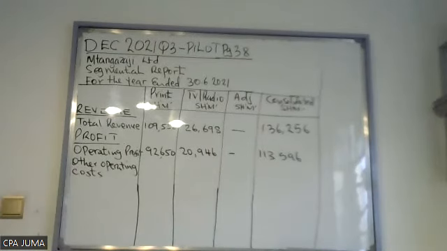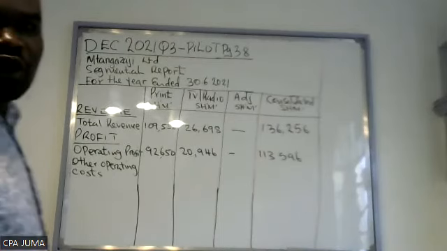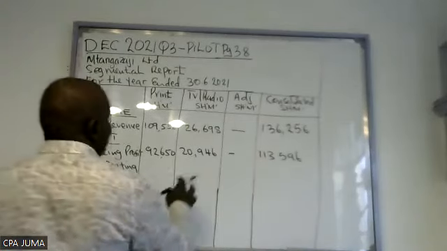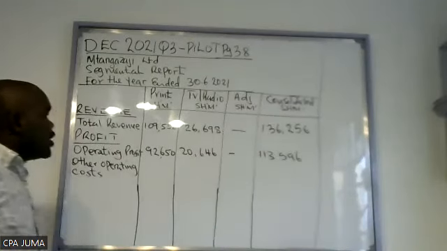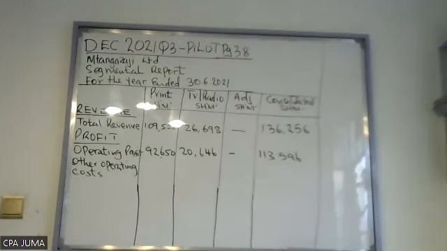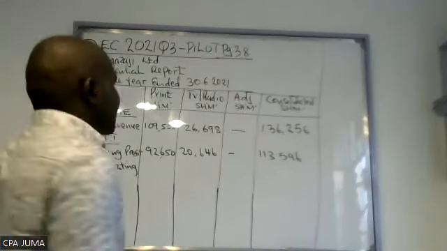So other operating costs you must subtract from the operating profit. So TV profit should be 646. I hope that does not change the total. Total is 113,296. Okay.